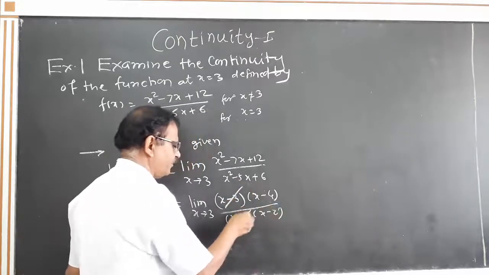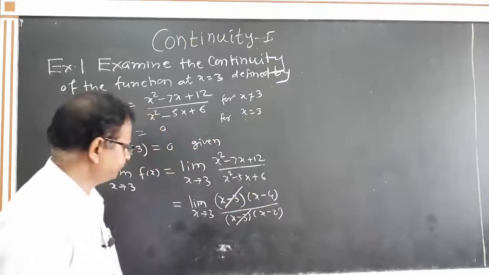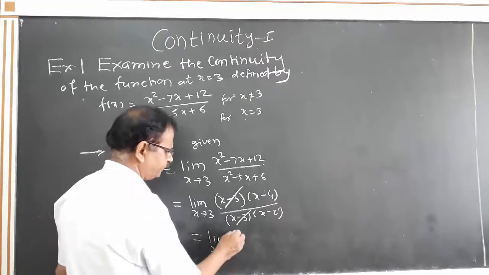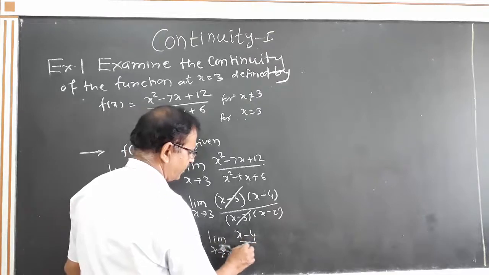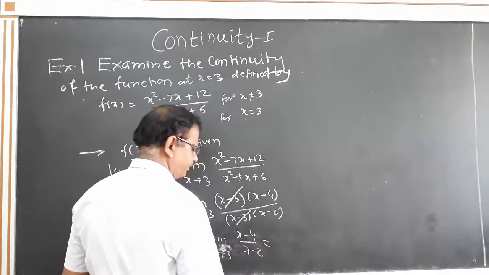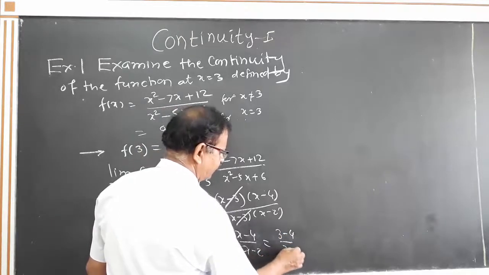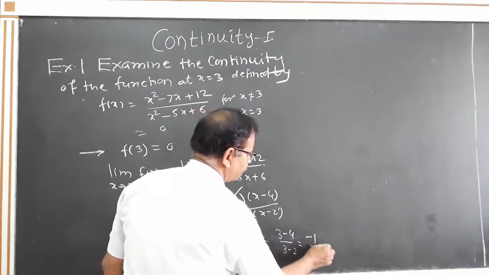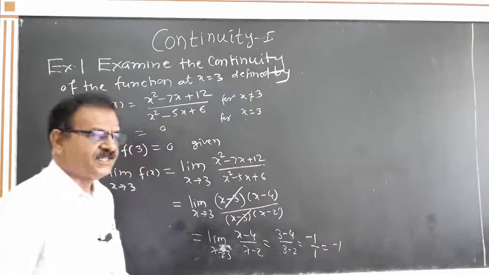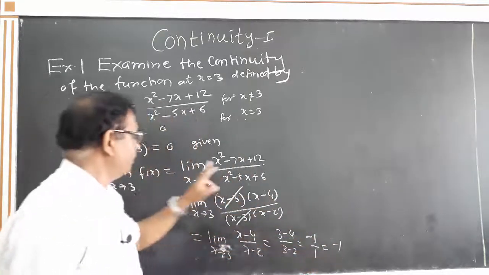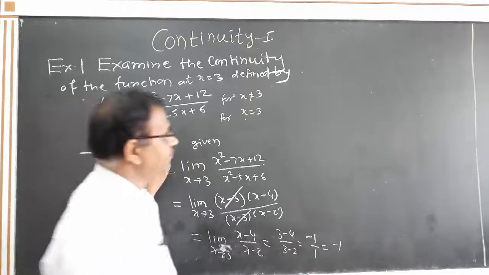x minus 3 is a common factor. Therefore we shall cancel it and write remaining thing. Limit x tends to 3 of (x minus 4) divided by (x minus 2). And this value is nothing but (3 minus 4) divided by (3 minus 2), which is minus 1 by 1 equal to minus 1. See, limit exists, it is equal to minus 1, but it is not equal to f of 3. f of 3 is 0.